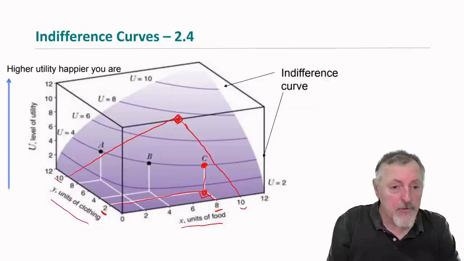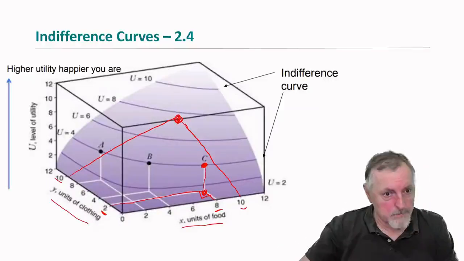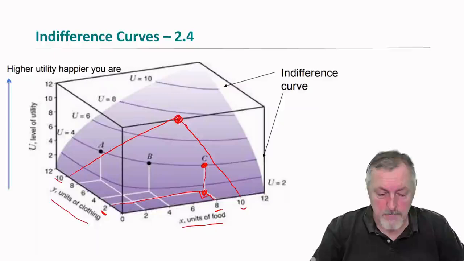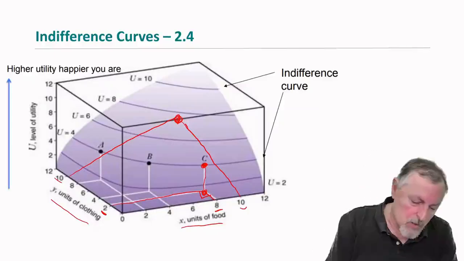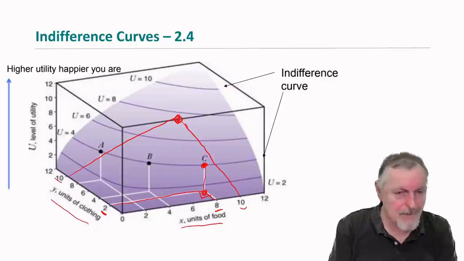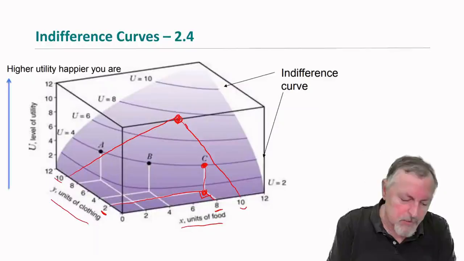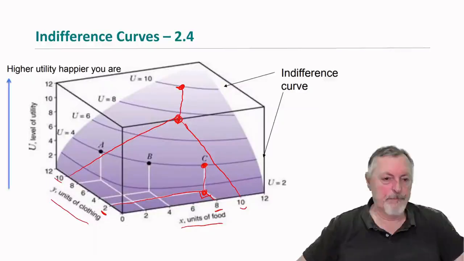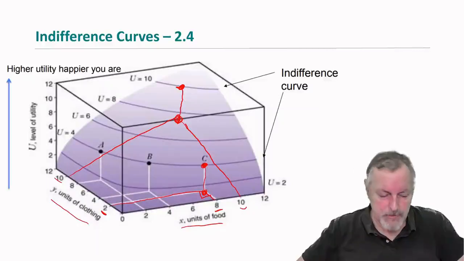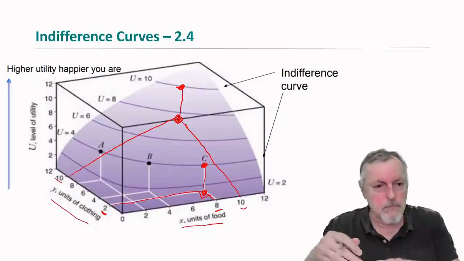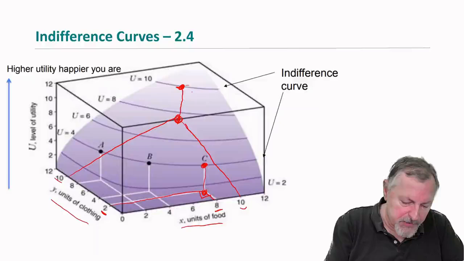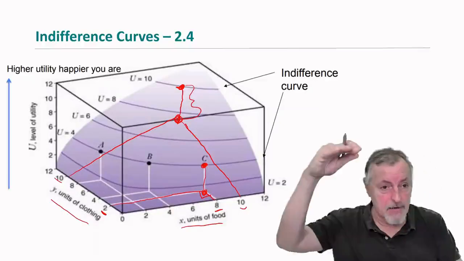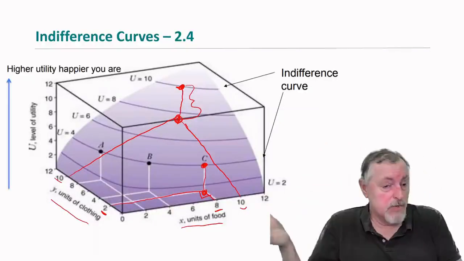So there's another point on the floor representing the bundle 10, 10. How happy does that one make you? Well, I'm drawing this badly, but you'd go up all the way maybe to this point in space. That is drawn badly, forgive me. But this distance would be 10 if it made you 10 units happy.